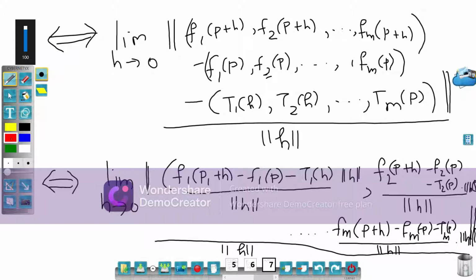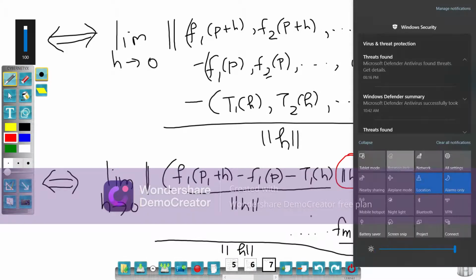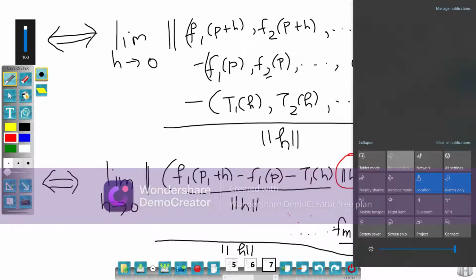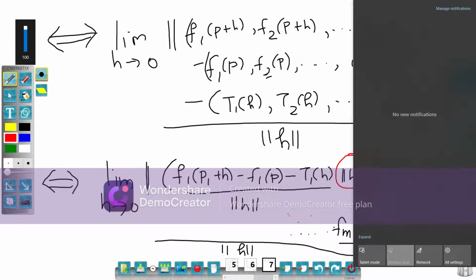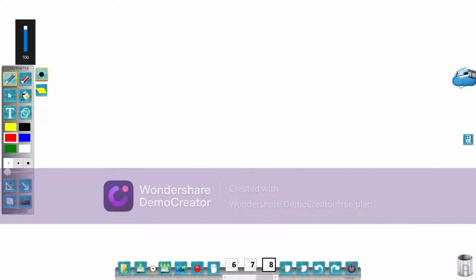Now this norm h, this all norm h we will take outside, and this outside will get cancelled with this norm h. So what I will have is as follows.